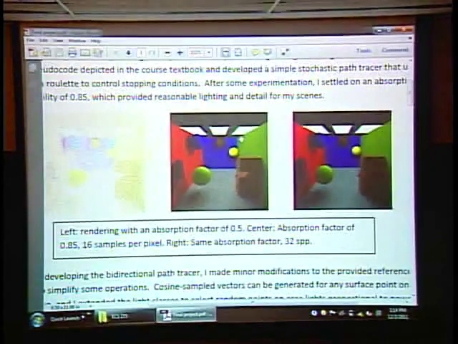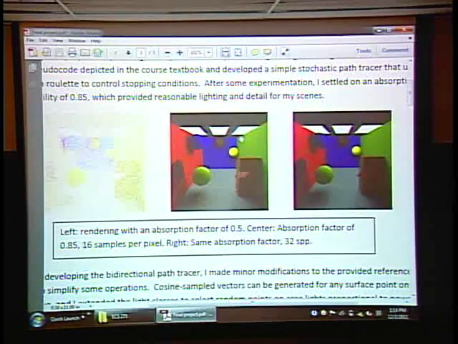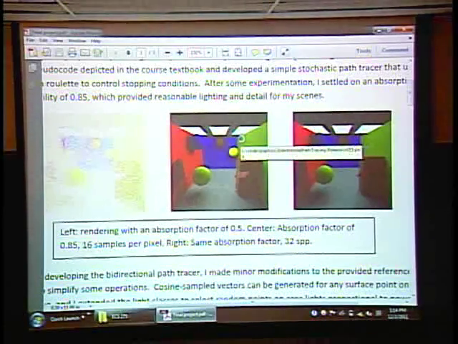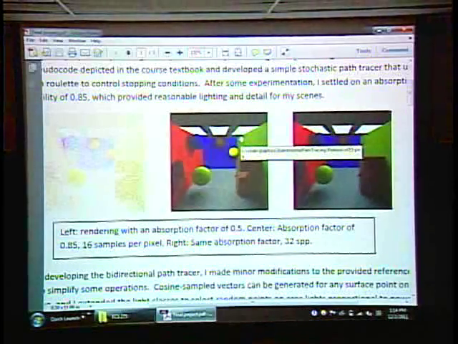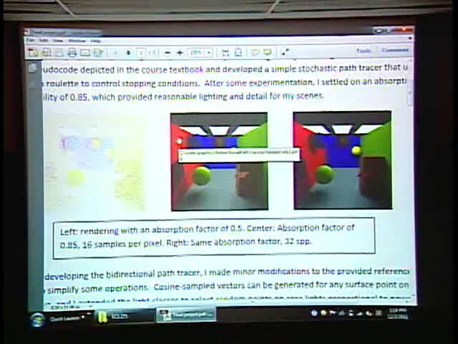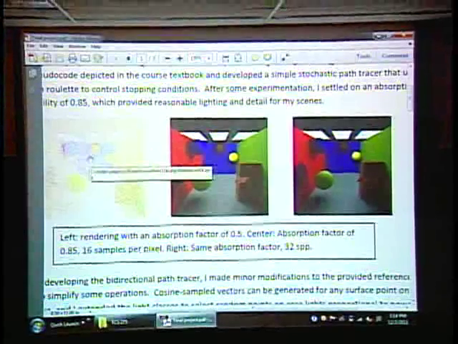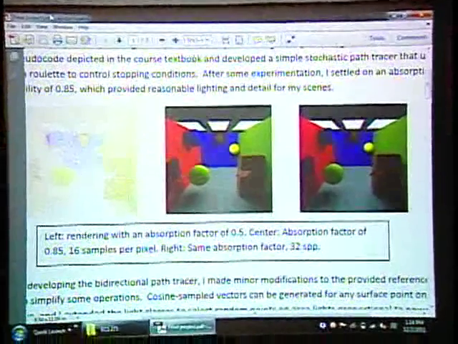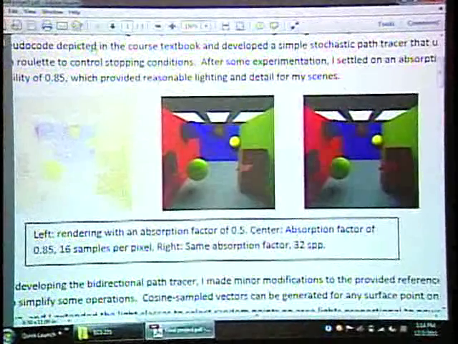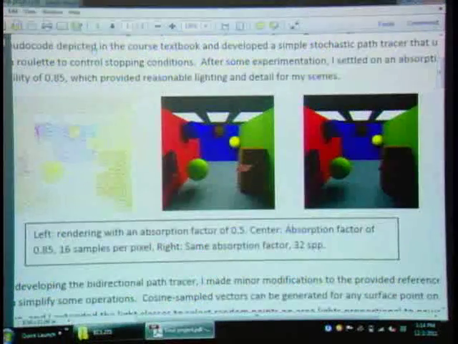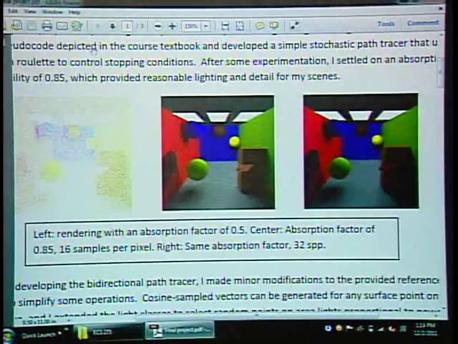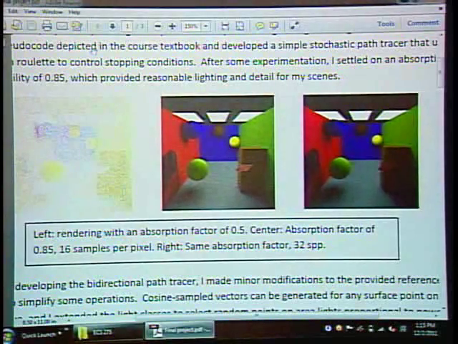So I was messing with absorption settings until I found something that I liked. On the far left is something that was a bit too high. In the middle was where I started to find an absorption that I was happy with. That gave me decent lighting, and I didn't have to change any of my other settings for my scene. And the right was the same thing, but rendered at a higher number of samples per pixel.